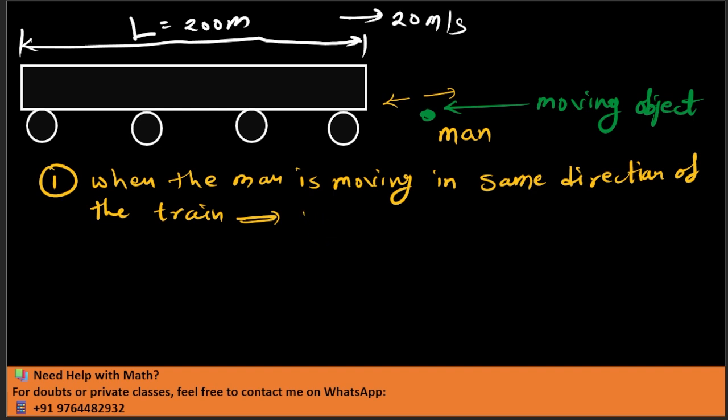That means effective speed will be 20 minus 2.